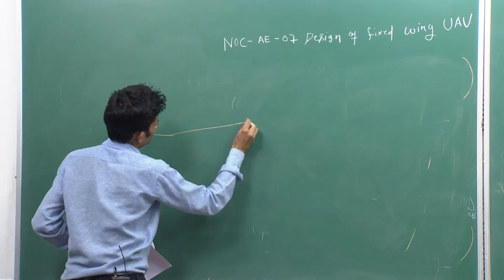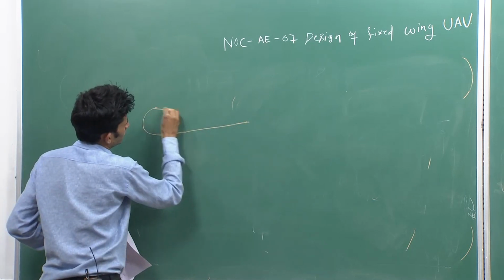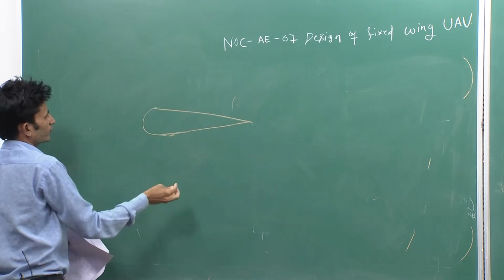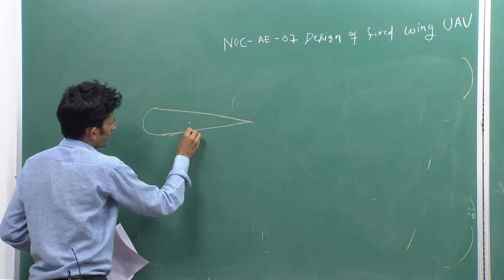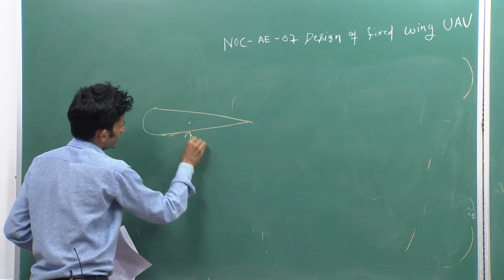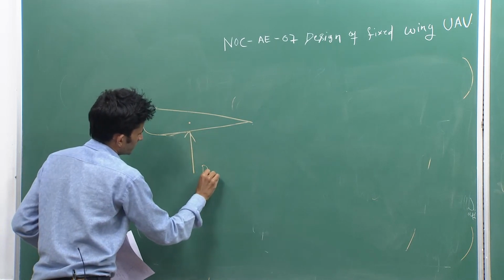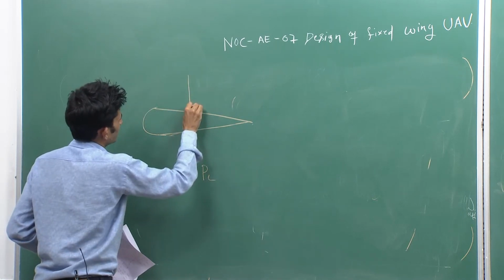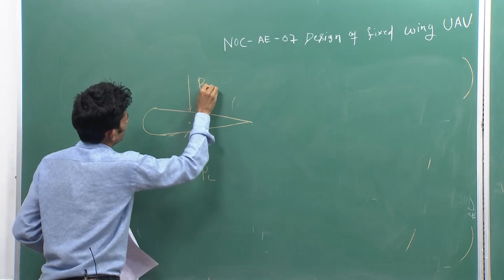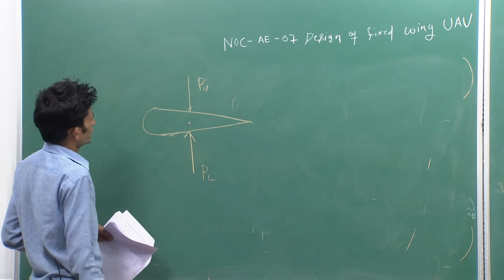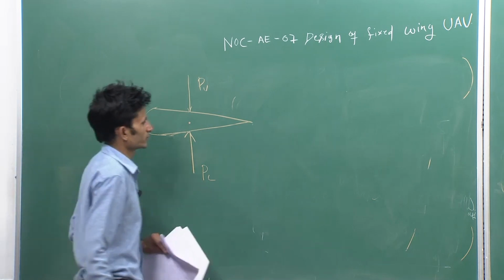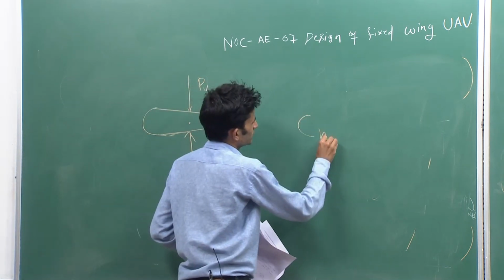Suppose this is a symmetrical airfoil, the net lower pressure and net upper pressure will act at the same point. So, there will be no lift and no moment. So, in this case Cm equals 0.